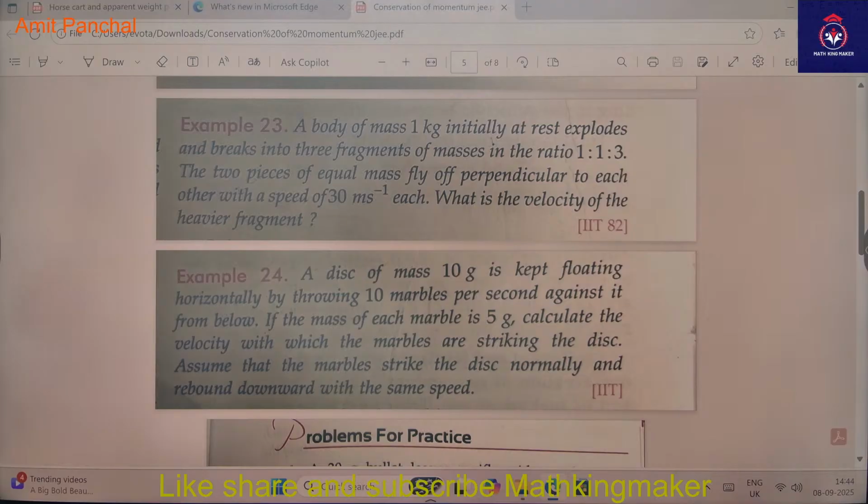I'm giving you some hint in the 23rd question. You just have to use your vector ability in this question.